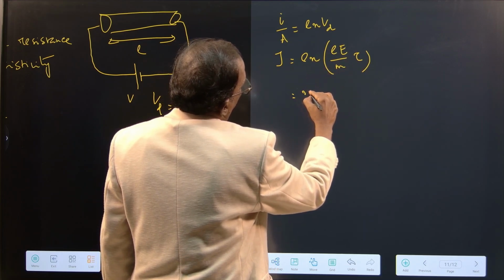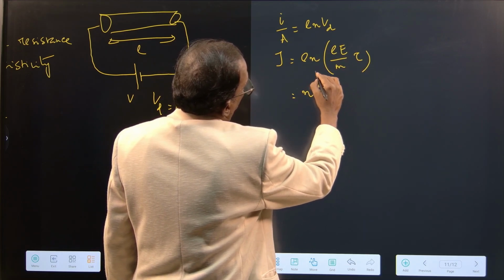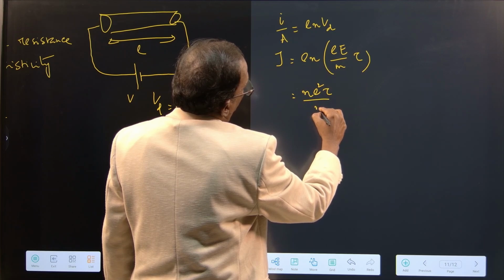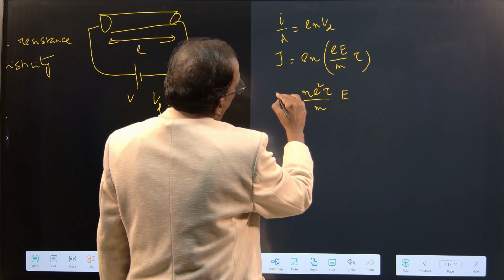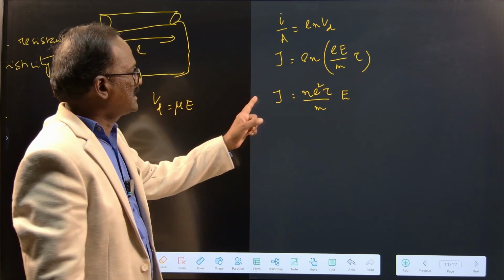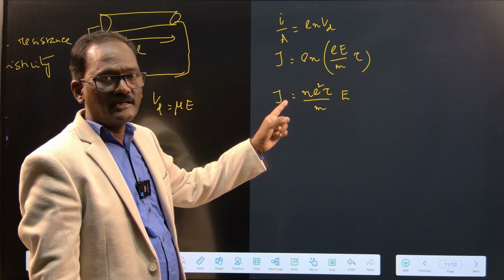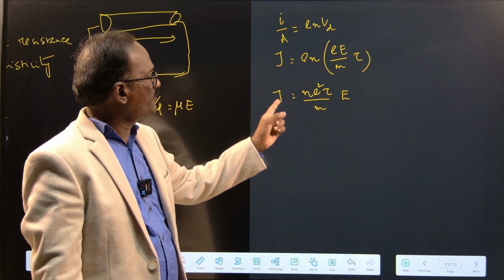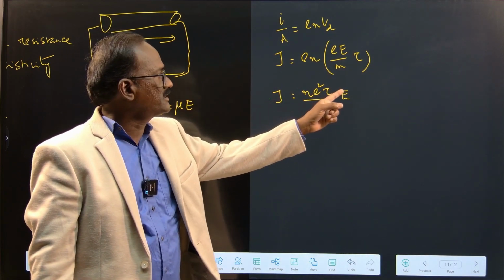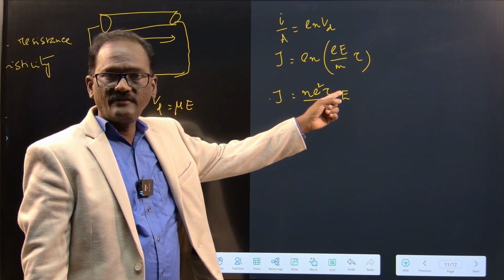So n e Vd is n e square tau E by m. Actually J is a vector quantity, but I am writing the scalar values only. If you want to write it as a vector, you must write E bar, the electric field vector, right?